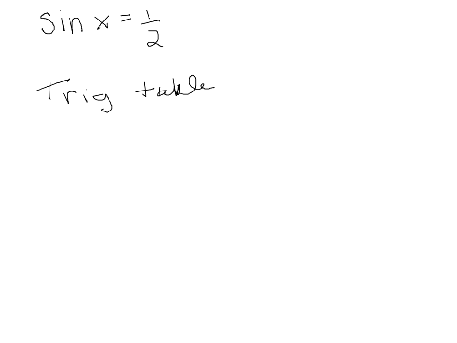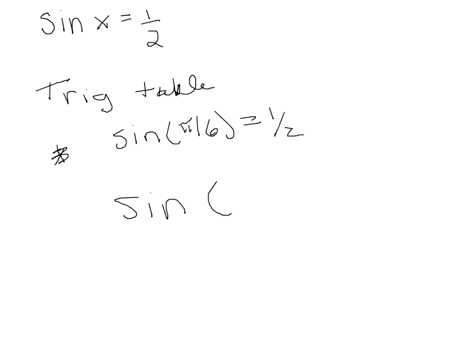Now because this is not inverse sine, it's just sine, we can use any of the values. So we see that sine of pi over 6 equals 1/2, and we see that sine of 5 pi over 6 equals 1/2.